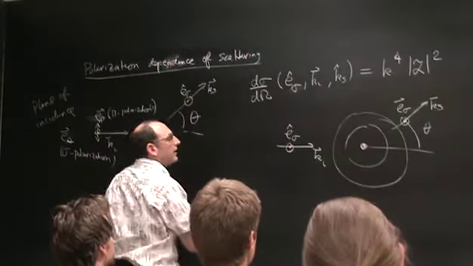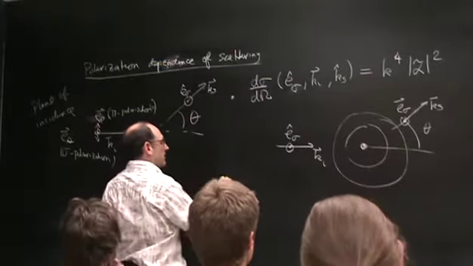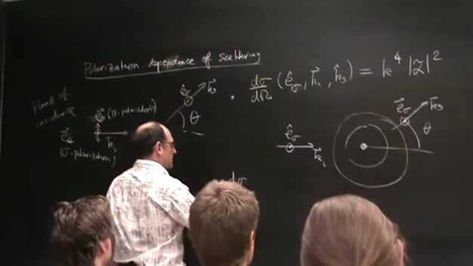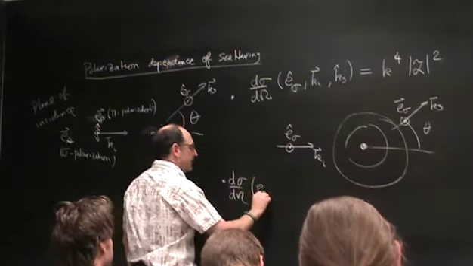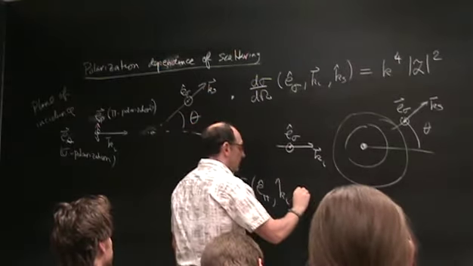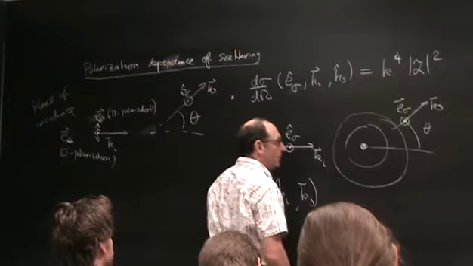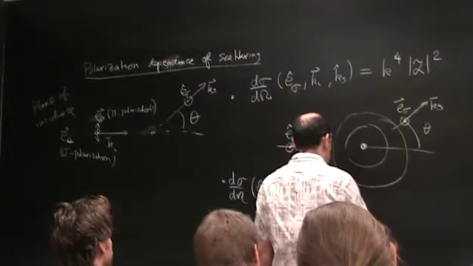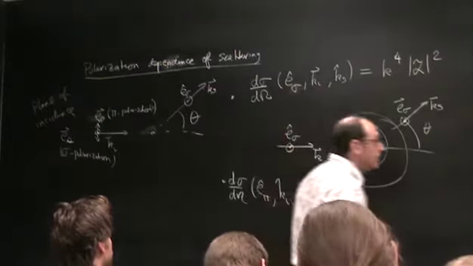Okay, for pi polarization, on the other hand, we know that that's not true. In that case, maybe I should draw that on a different board so we can see it better.